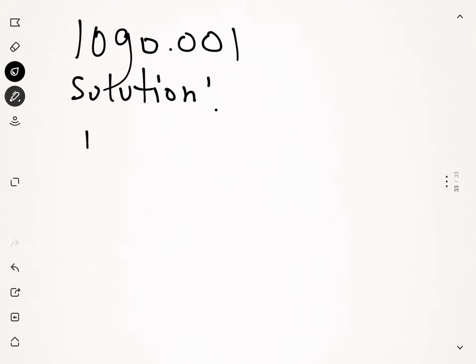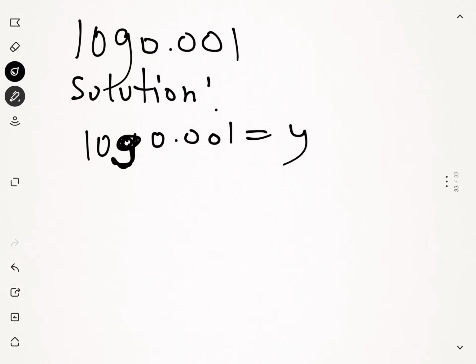So I'm going to write log 0.001 equals y.